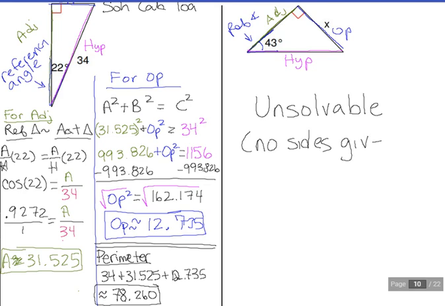We don't have any sides given, so we have no way to actually calculate a side. Therefore, this problem will be unsolvable, which is something I didn't expect, but it's there. That's how we have to deal with it, because we can't always solve these problems.